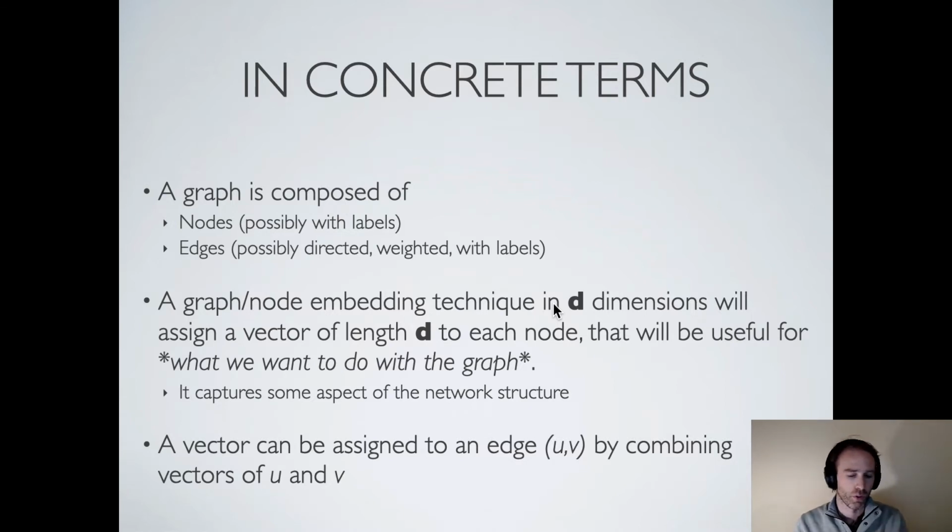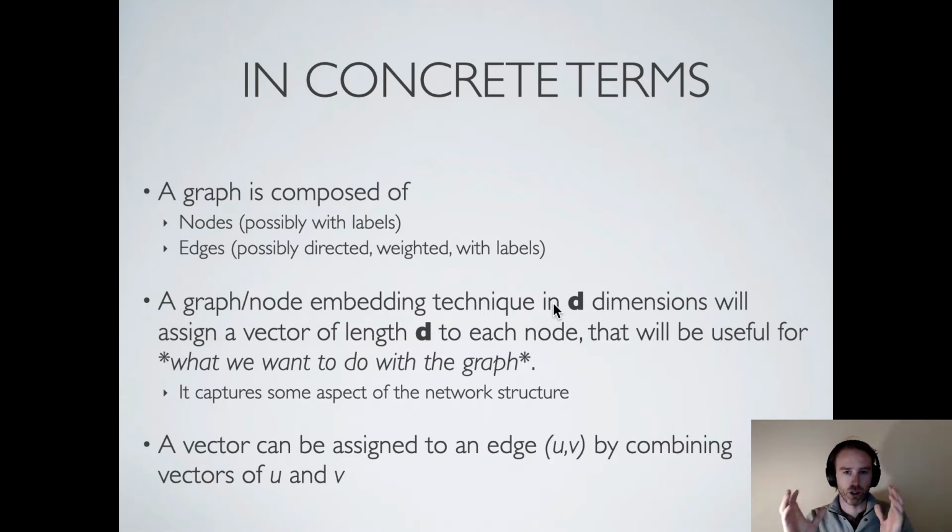One usage is to think of each of these D values as a feature of the node. For each node, I compute a vector of size D, and this vector will represent the node and its position in the network. It will capture some properties of the network topology, so as to represent the position of this node.